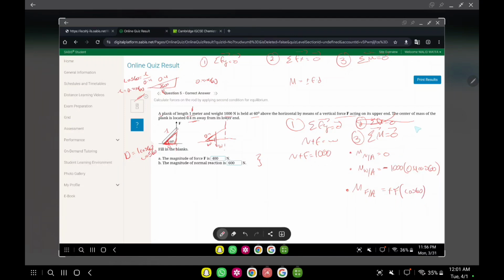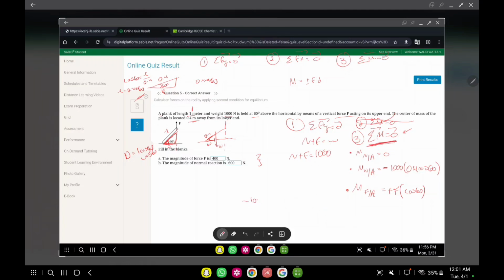Okay, we found all the moments, so we know that sigma M equals 0. So, let me repeat the step. You add them all up to get 0, right?